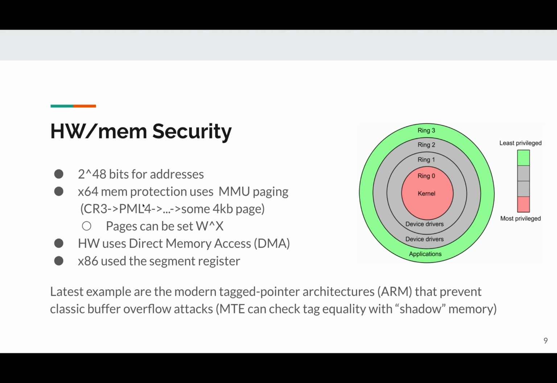In this case, that table is called page map level 4. We get one position in that table that has a pointer to another table, and we keep addressing from level 4 all the way down to level 1, where we eventually get an address, and that address is going to be the start of some 4 kilobyte sequential set of memory. That's going to be the page that our application is going to be using.